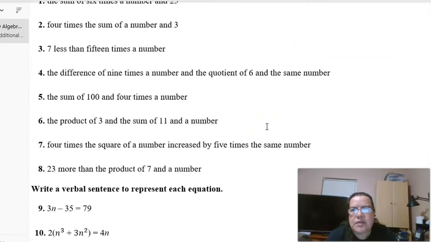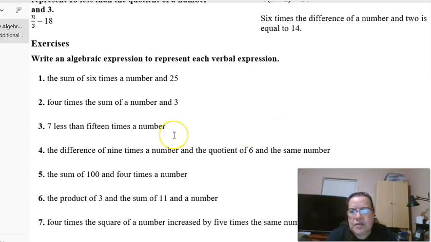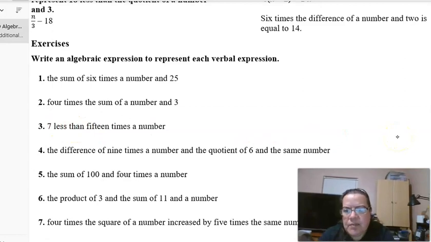So let's go ahead and practice one of these here. I'm going to choose number 3 that has the word than again. So let's go ahead and look at that one. Remember that I mentioned anytime you see the word than, you flip. So this is going to go first. It's going to go over here, and the 7 less is going to go there.